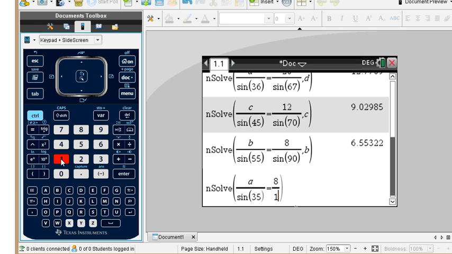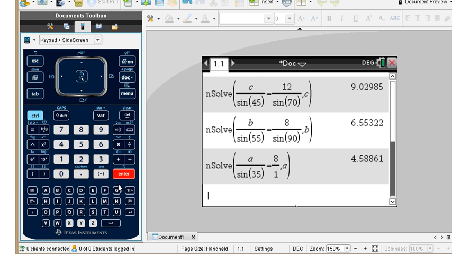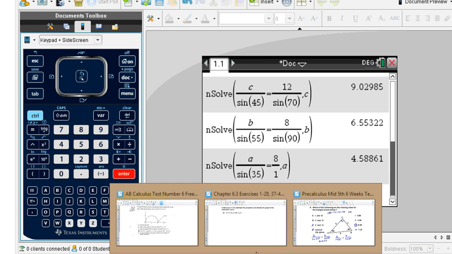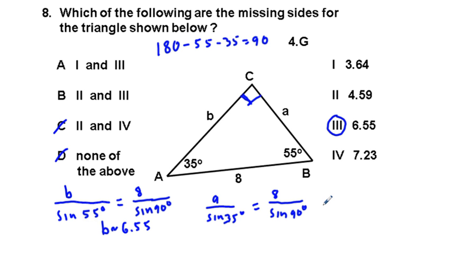And I'm just going to put 1 down here, save a few keystrokes, comma, A. And for that we get 4.59. So A is 4.59. That's going to be 2. So there we have the two sides there. Answer choice B.